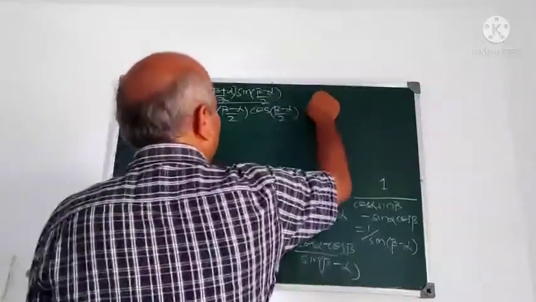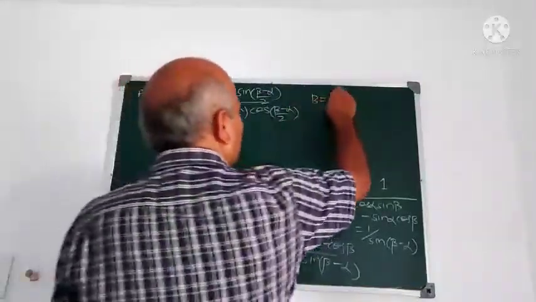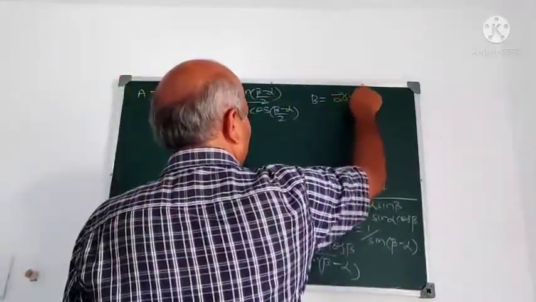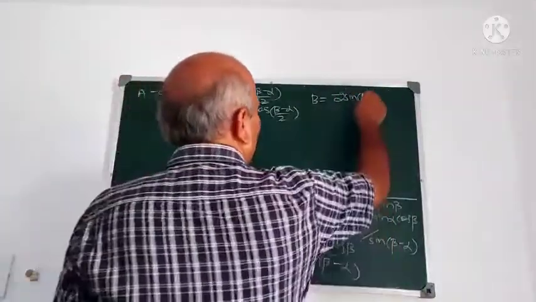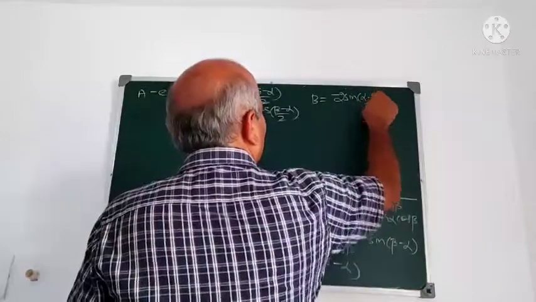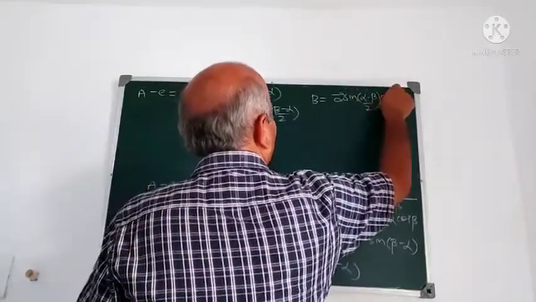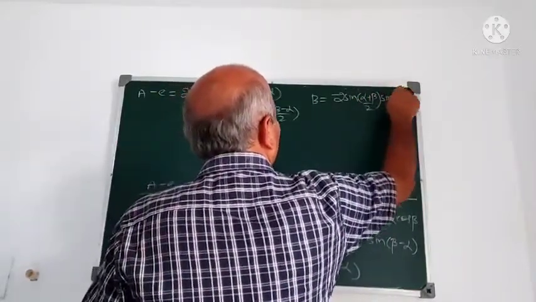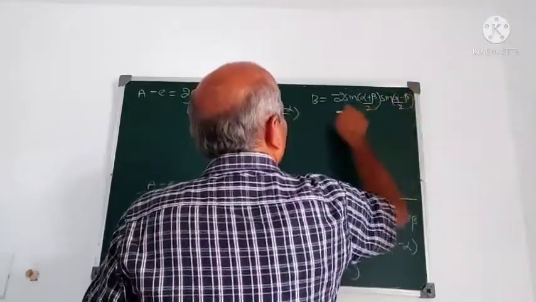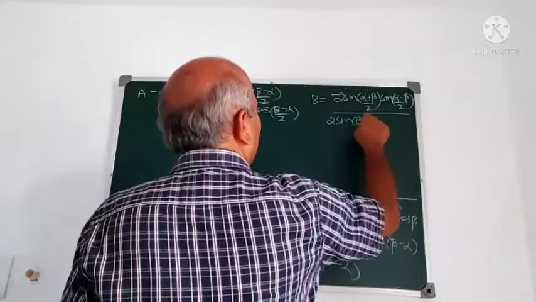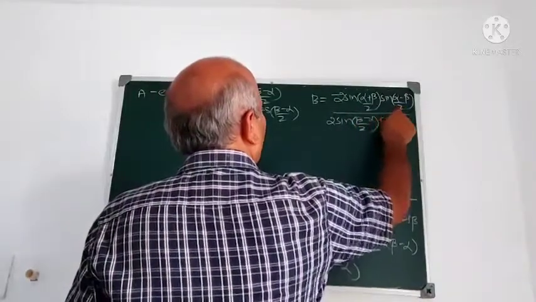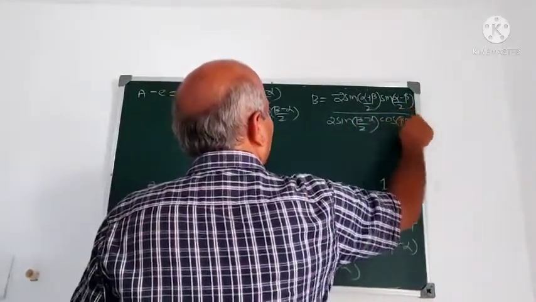And B, cos minus cos is minus 2 sin of alpha plus beta by 2 into sin of alpha minus beta by 2, divided by 2 sin of beta minus alpha by 2 into cos of beta minus alpha by 2.